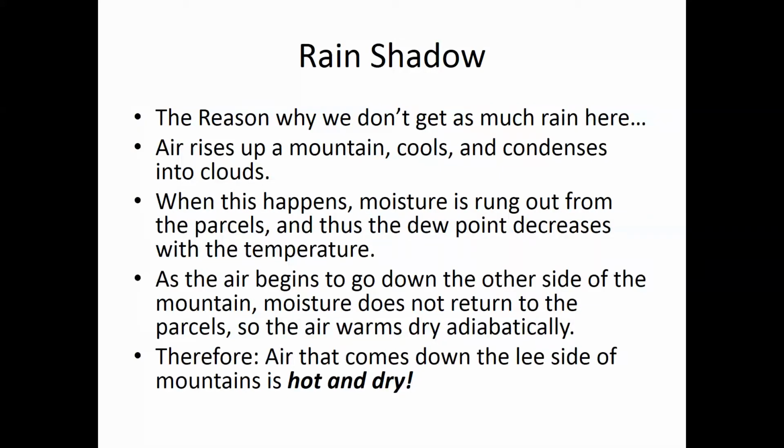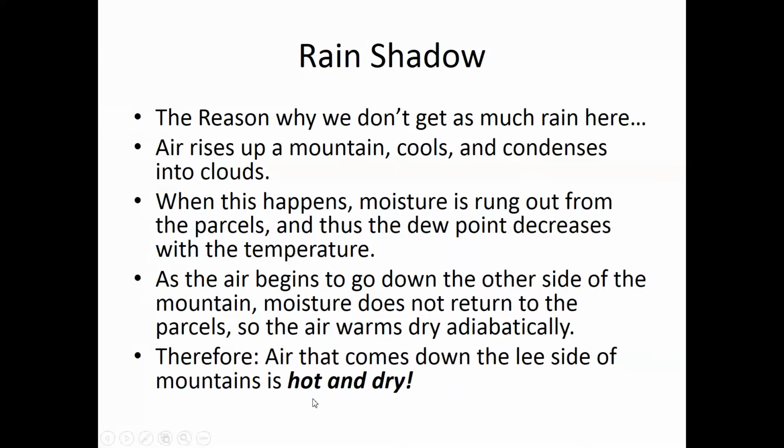The moisture's rained out, it's formed clouds, it's rained out. Therefore, the parcels are much drier, and as they sink down the other side of the mountain, they actually warm up dry adiabatically. So they warm up faster than they were cooling. As a result, they become substantially warmer on the leeward side of the mountain. This creates winds that are actually hot and dry.